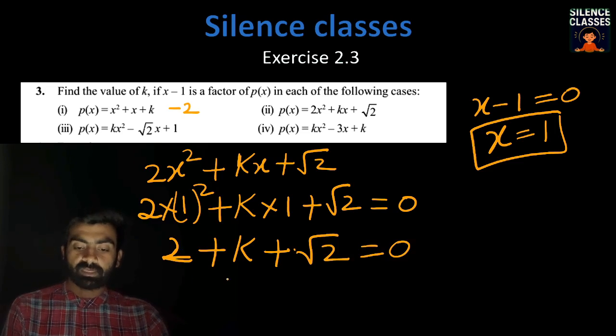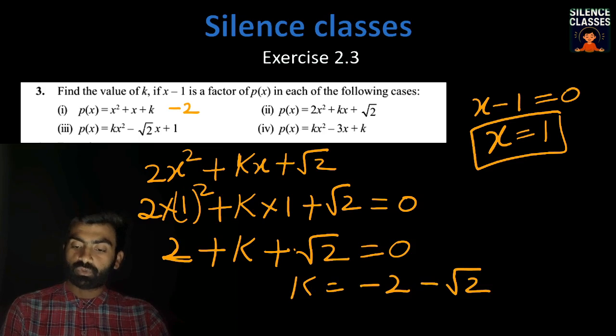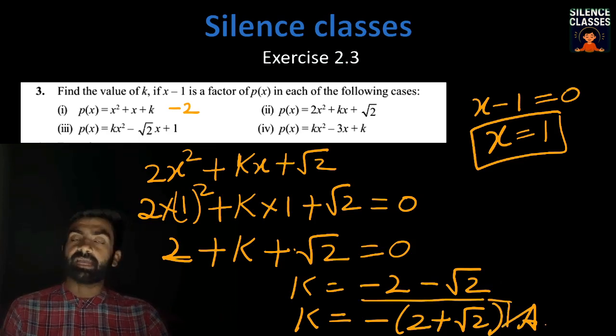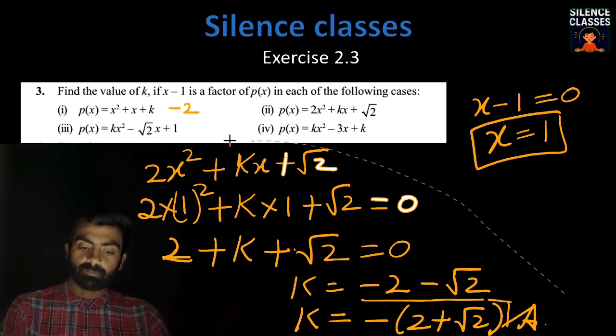Okay, we can send these numbers to the right hand side. So we will say k is equals to minus 2 minus root 2. We can take minus as common, so we can say k is equals to minus (2 plus root 2). Okay, so we got the value of k. We can leave it over here also, and we can do it in this particular manner also. Both the answers are absolutely correct. Okay, now let's move to the third part.